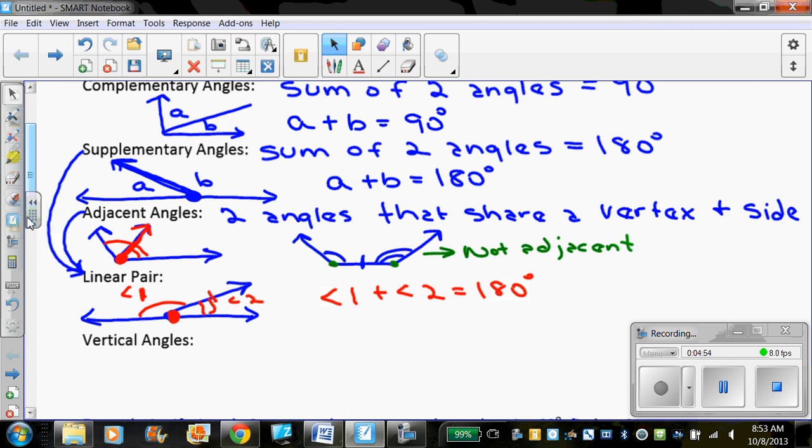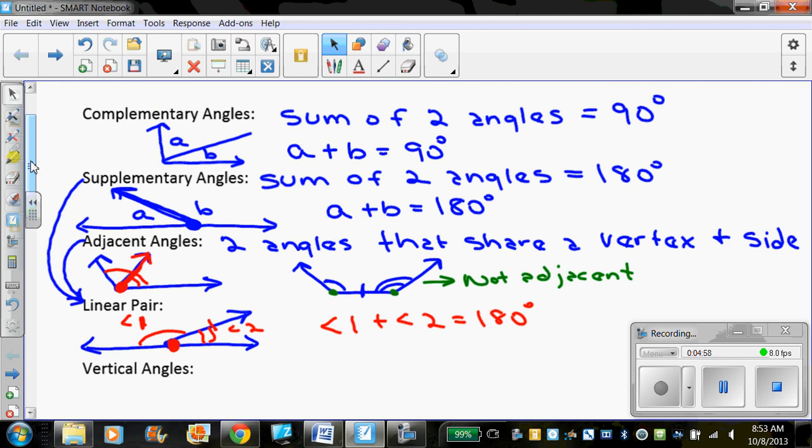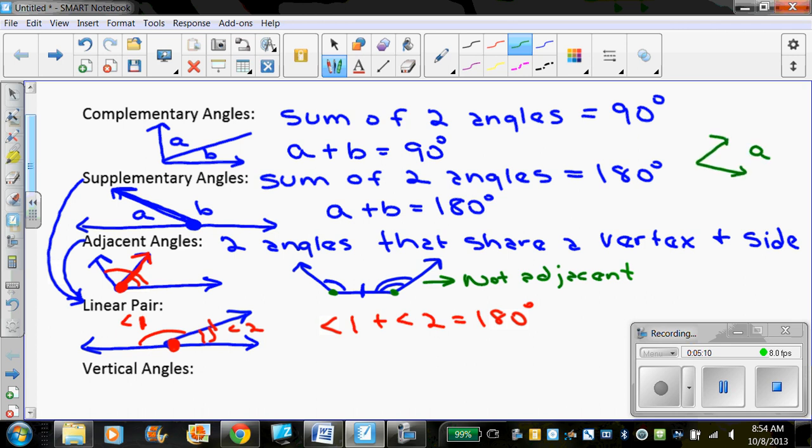Now you might ask yourself, what's the difference between a supplementary angle and a linear pair? Well, I drew this example up here as a linear pair, but really what I could have done instead is say this angle right here, let's call it angle A, is 80 degrees, and this angle right here, angle B, is 100 degrees.